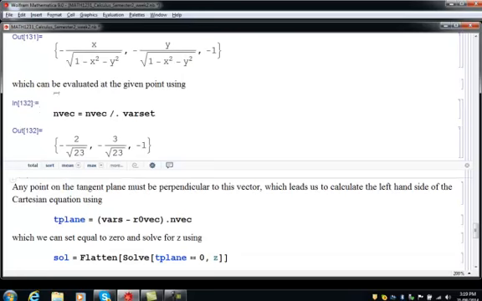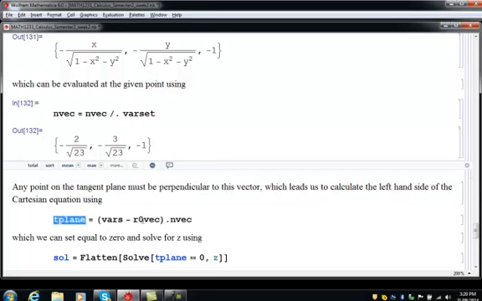Well, having found that, any vector in the tangent plane has to be perpendicular to this vector. So this leads us to calculate the left-hand side of the Cartesian equation of the tangent plane using this expression here.